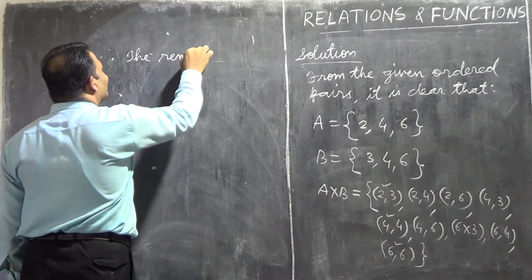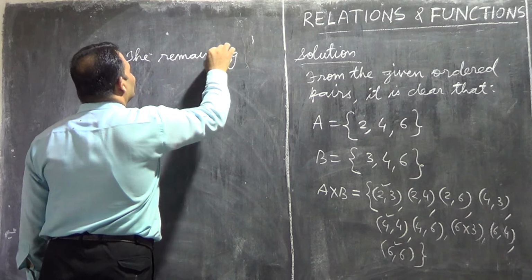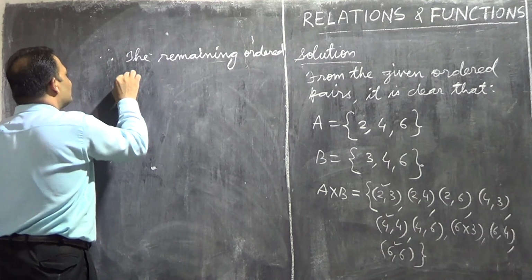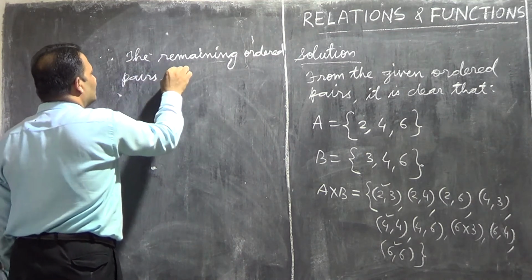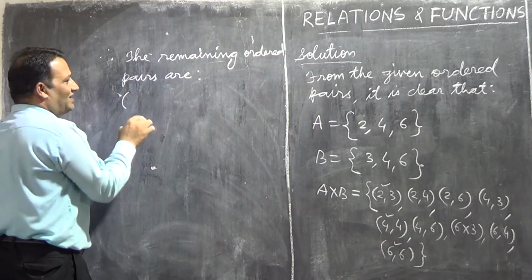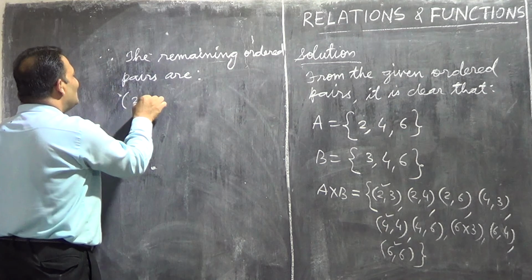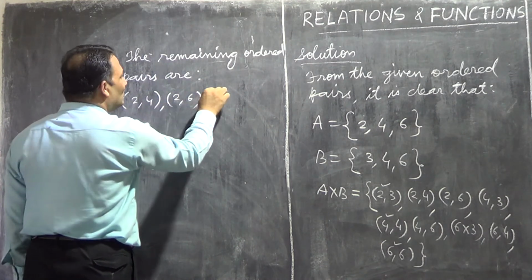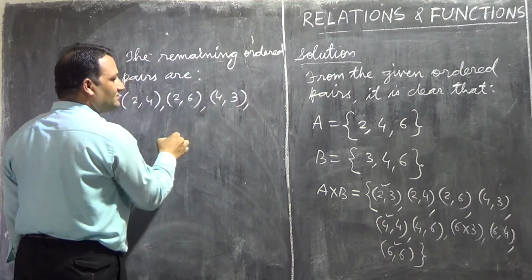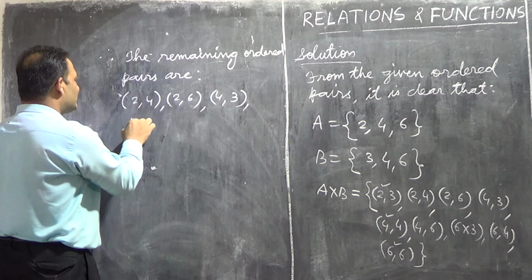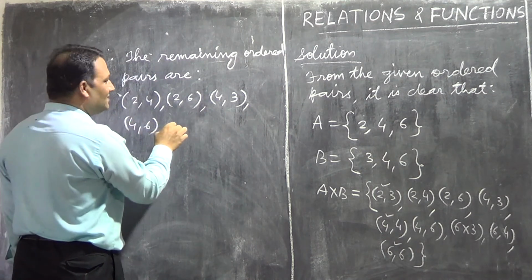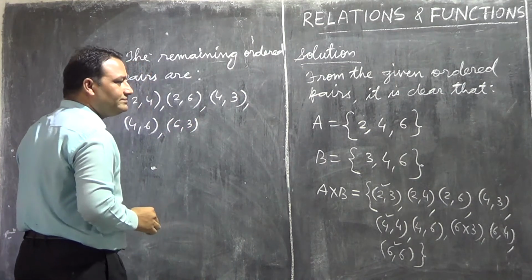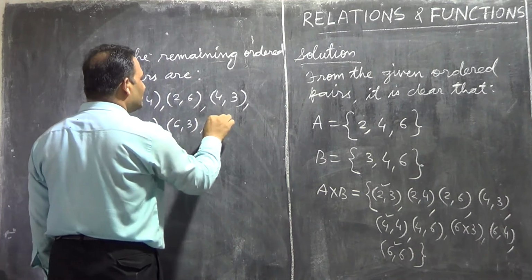So you write here the remaining ordered pairs which are not ticked: (2, 4), (2, 6), (4, 3), (4, 6), (6, 3), (6, 4).